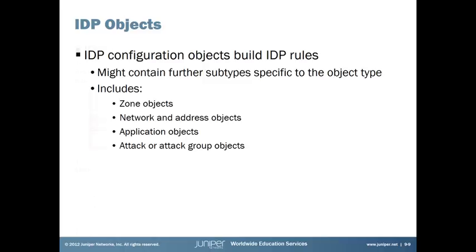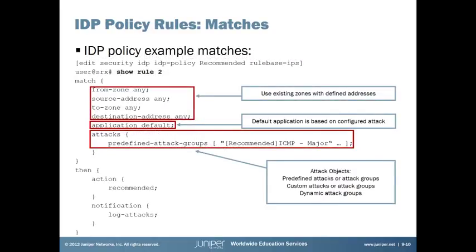So we're going to have a look at an example of that here. We have a rule, this is called rule 2. There would be many rules in a rule base. As we're saying, from zone any, from source address any, to zone any, destination address any. That is the default configuration of these. There is no reason to change it really. You could just leave those as they are because that will match anything.